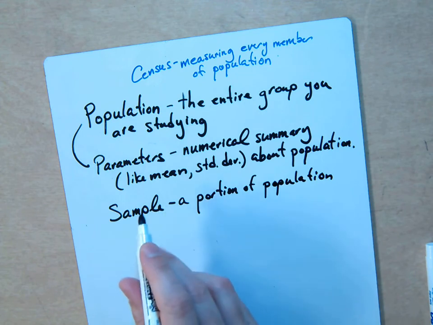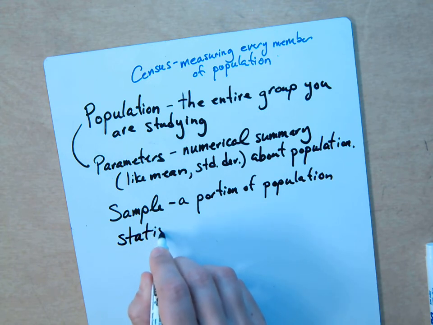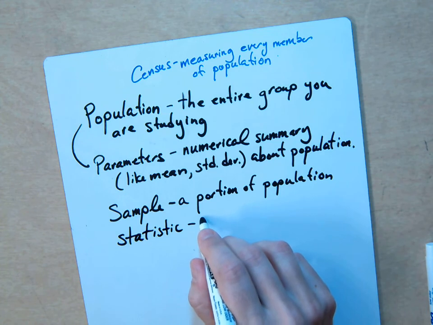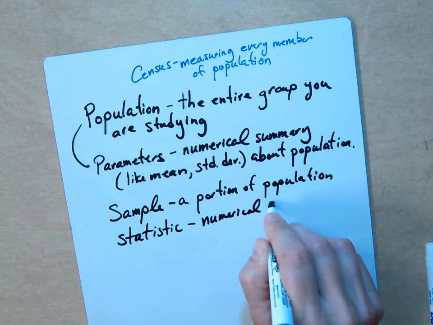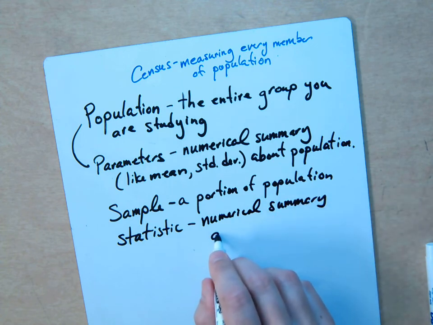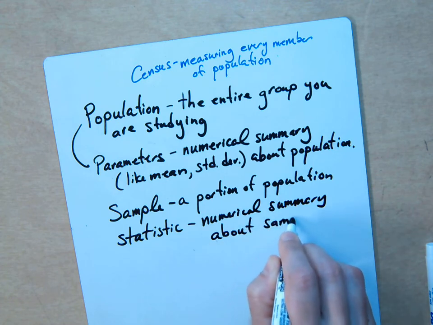And using that sample, we calculate something called a statistic. Statistic from the sample, and that's a numerical summary about the sample. Numerical summary about the sample, like mean or standard deviation about the sample.